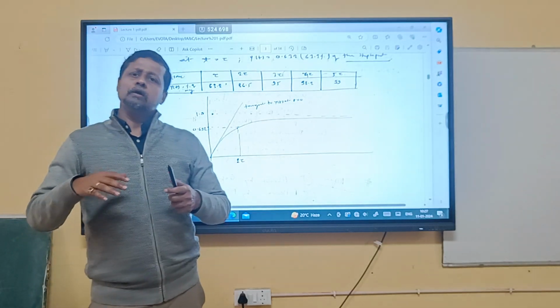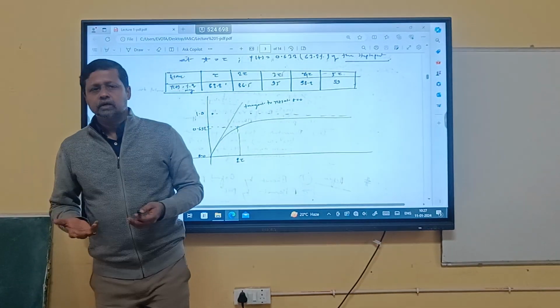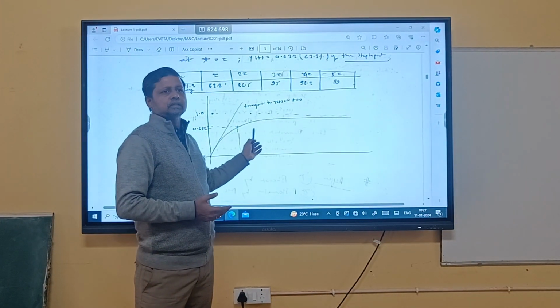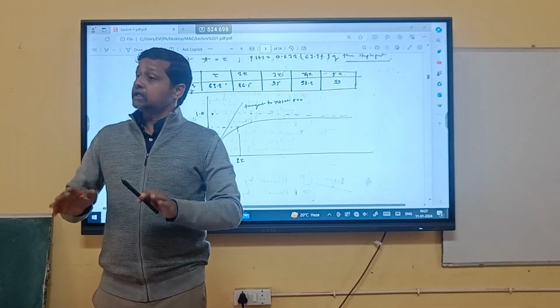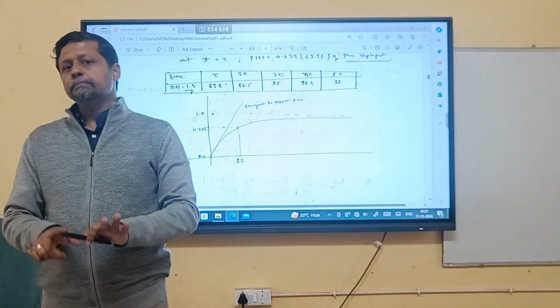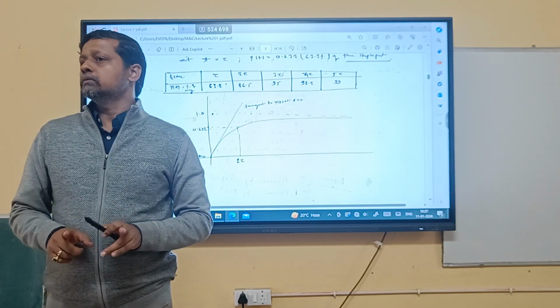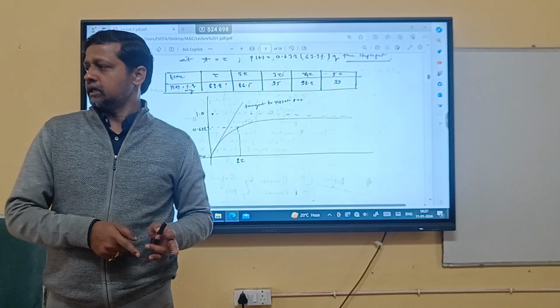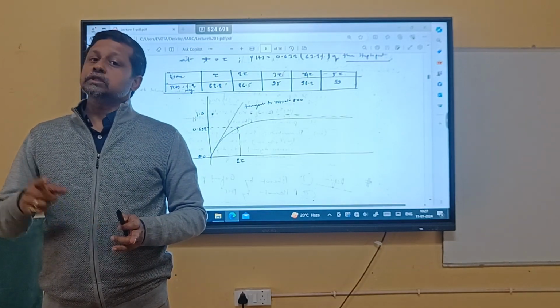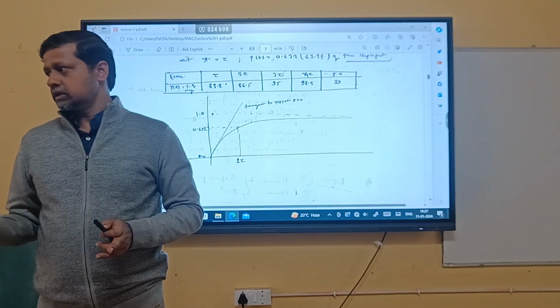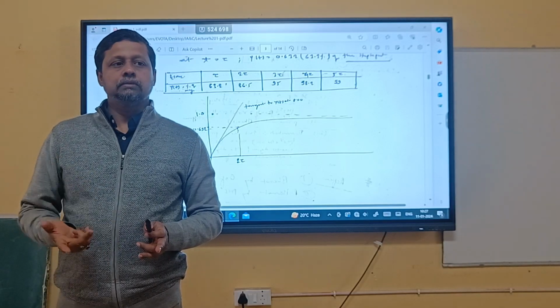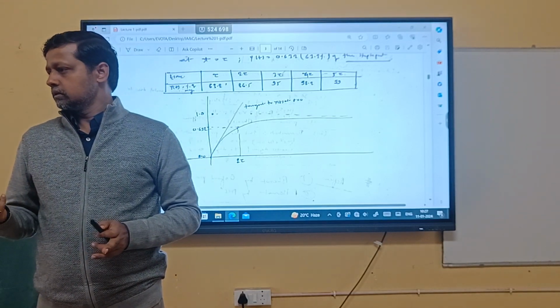So if your application is comfortable with 5% tolerance, obviously the system will settle relatively faster as compared to 2%. But in 2%, signal to noise ratio will be much better than 5%, because the maximum chance of error is 2%. Here the maximum chance of error is 5%.